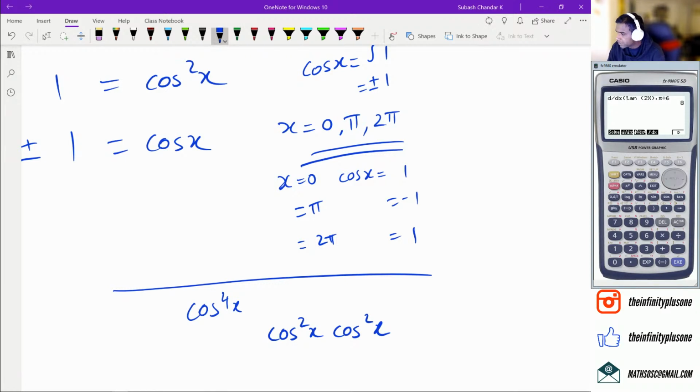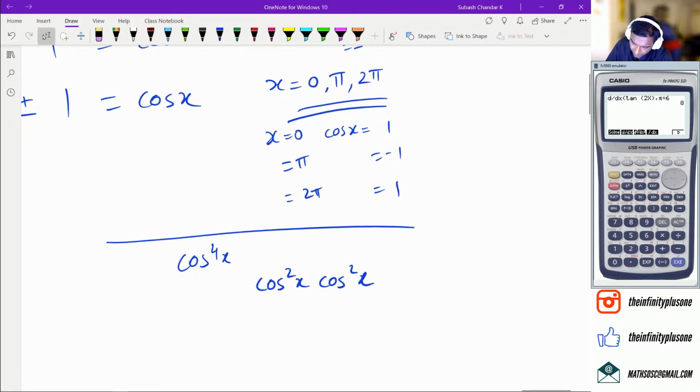And then you can rewrite this as, how would you write this as? Nah, substitution won't work. Hang on, let me just double check.